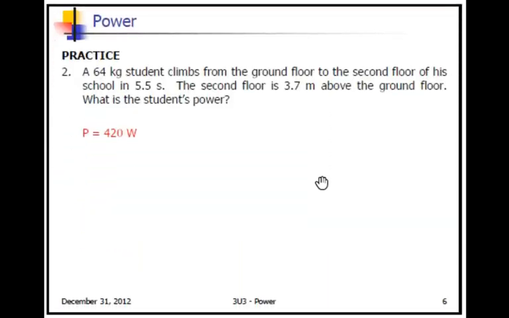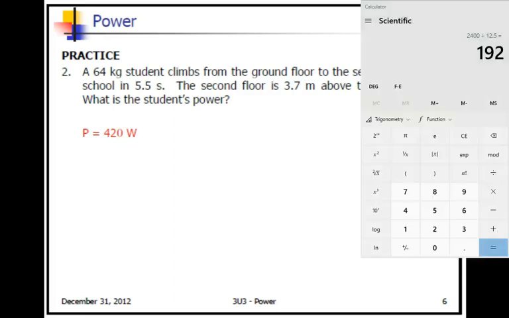A 64 kilogram student climbs from the ground floor to the second floor of his school in 5.5 seconds. The second floor is 3.7 meters above ground. What is the student's power? Well, we'll just do this totally with the calculator. Let's see how much energy the student used up.